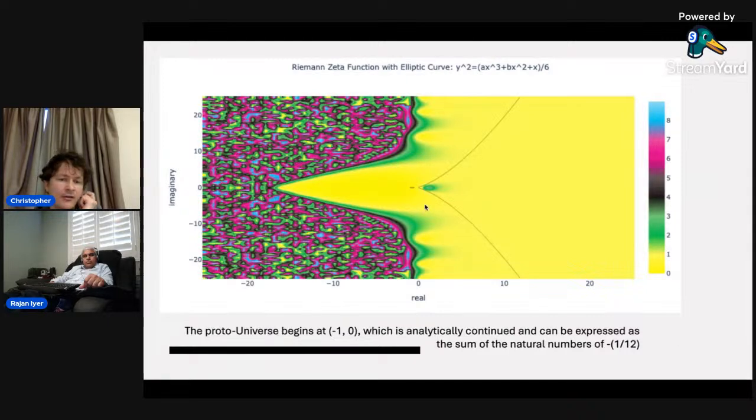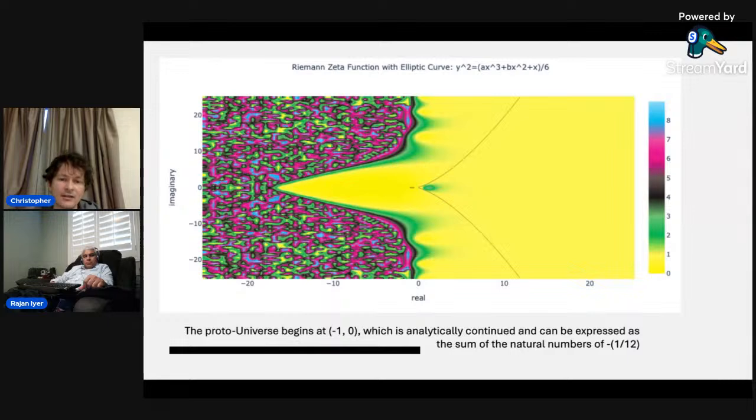So if correct, then we see that the proto-universe begins at the point -1, 0, which is there, which is obviously less than 1. So this is analytically continued, and the point -1 can be expressed as the sum of all the natural numbers, which gives the value -1/12 according to the analytic continuation.